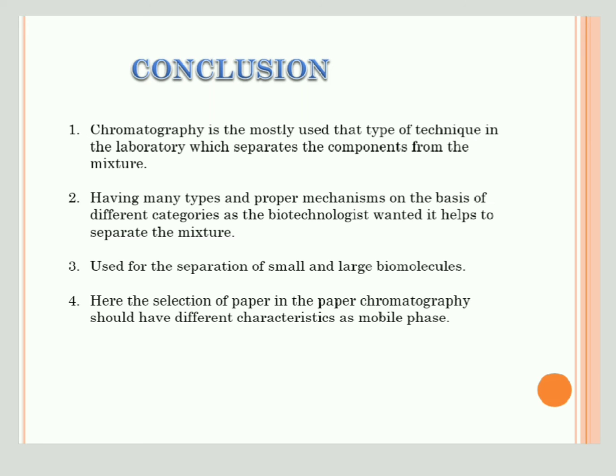The rule is that the stationary phase, the paper, and the solvent, the mobile phase, should have different characteristics so that the molecules of both phases will not form any bond, and the technique will not be hampered or damaged.